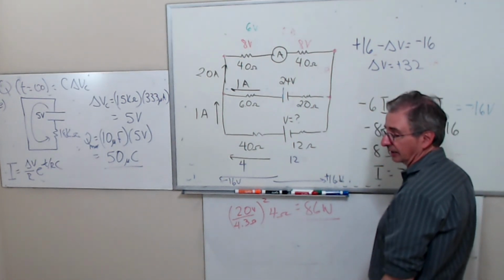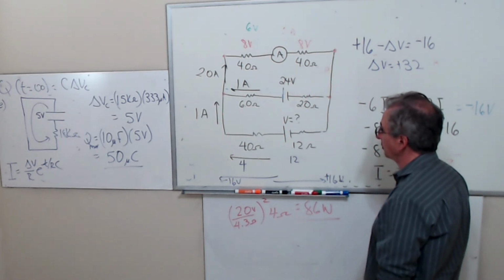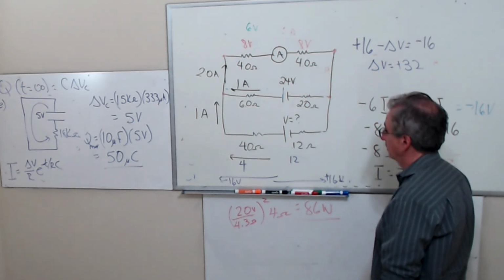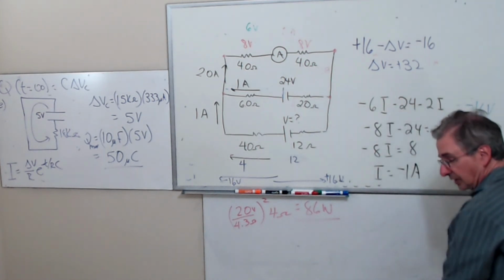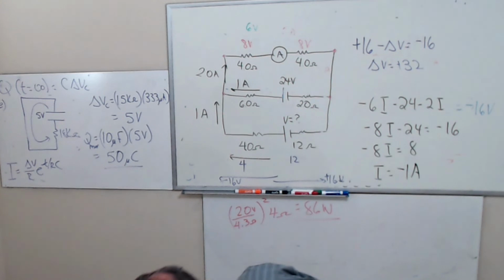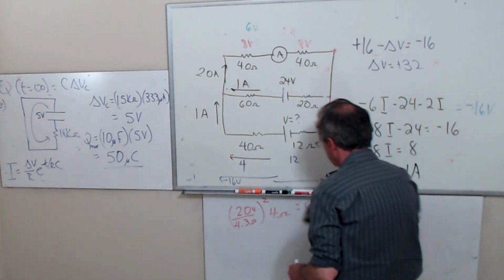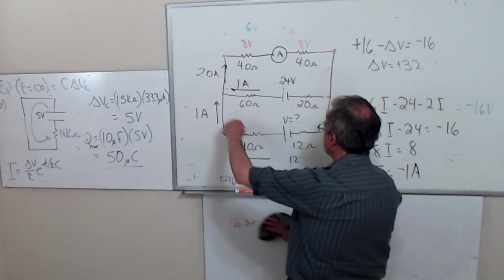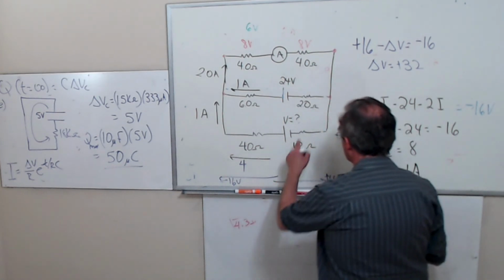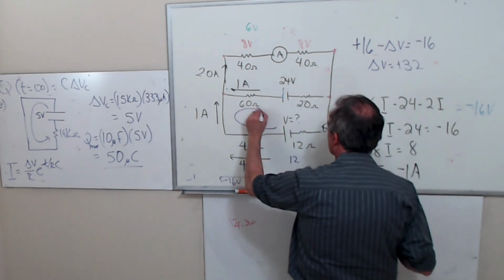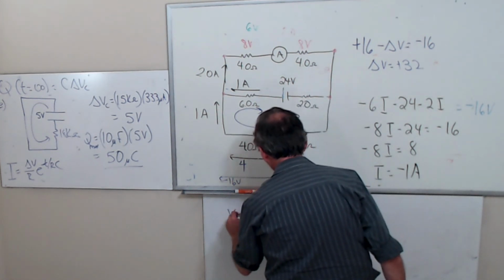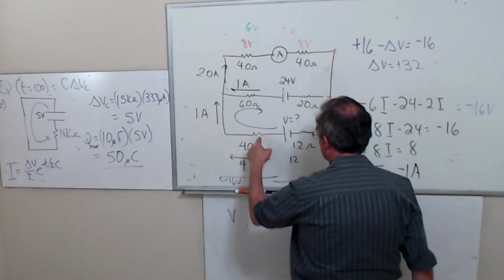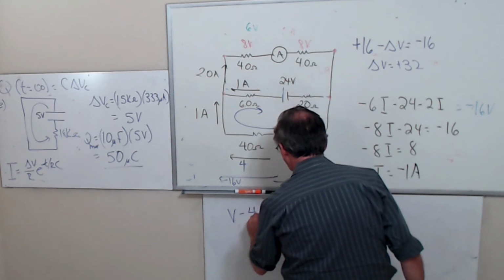Is that okay? I did it without doing loops, but if you want to do loops, you can. If you want to do loops, you can say, okay, well, sum of the voltage drops equals 0. So if I go clockwise, I can say that's a voltage gain, minus 4 times 1.